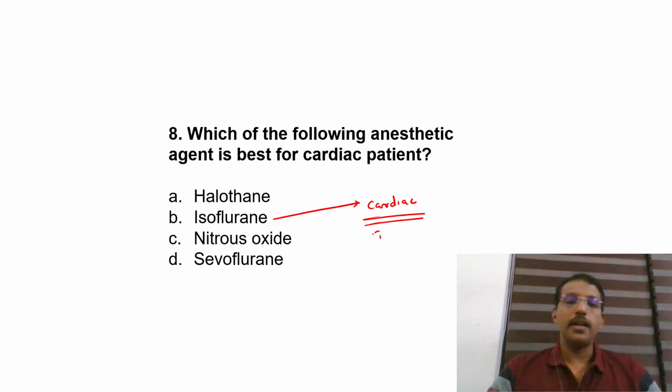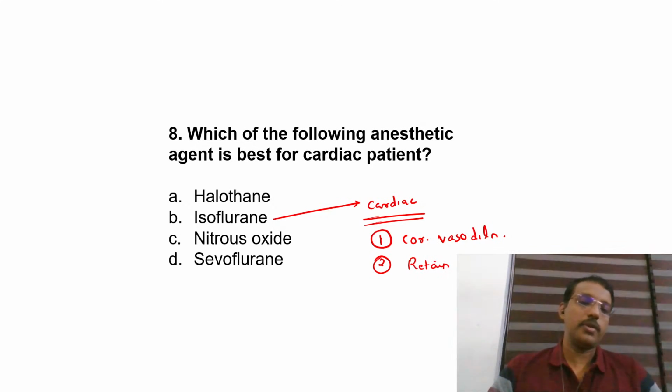Why? Because isoflurane actually has got a coronary vasodilating property. That's the biggest advantage of that. Number two, it retains the baroreceptor reflex. Third, it actually reduces the systemic vascular resistance a bit.